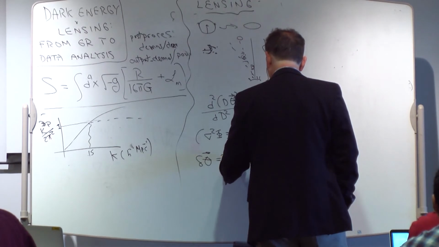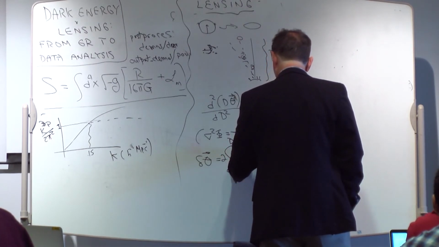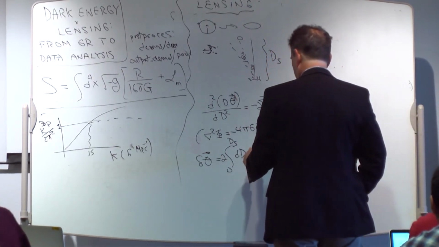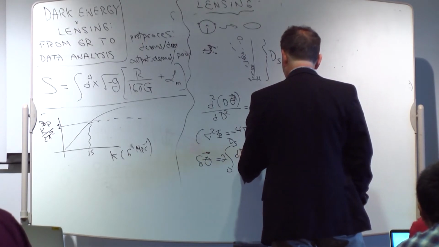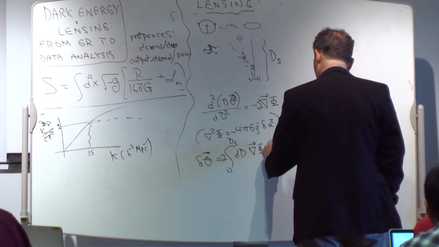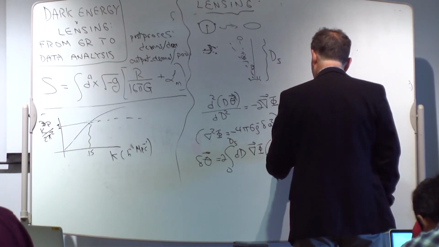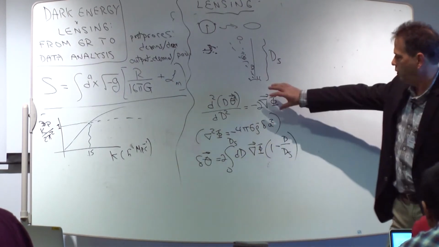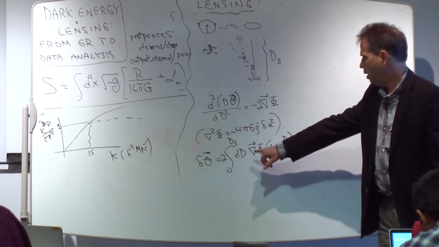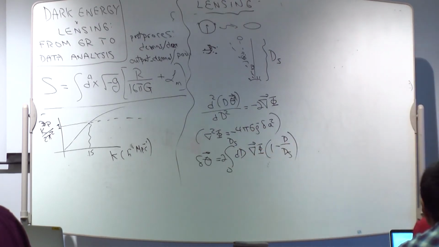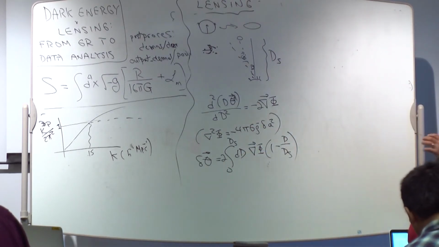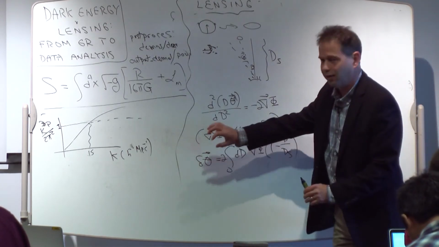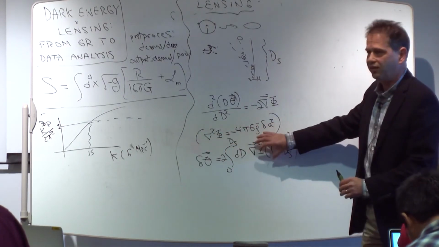Maybe there's a factor of 2 here. And then you take this gradient of the gravitational potential, and then you have 1 minus d over ds. That's the answer. If you just integrate this twice, you get this answer. And that does have the right dimensions. Okay, so that's the equation that relates the deflection angle to the gravitational potential.